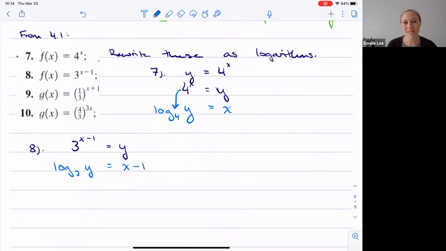Notice that what we're doing is we're able to bring down this power. Otherwise we don't have any way to solve for this x.